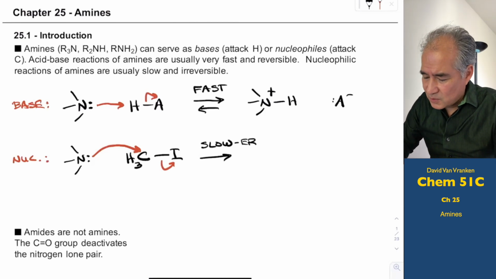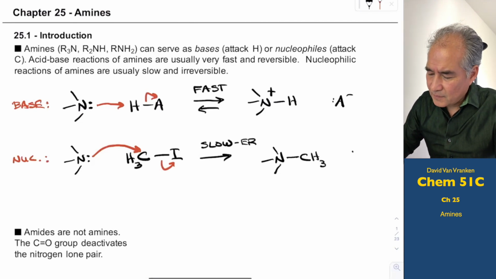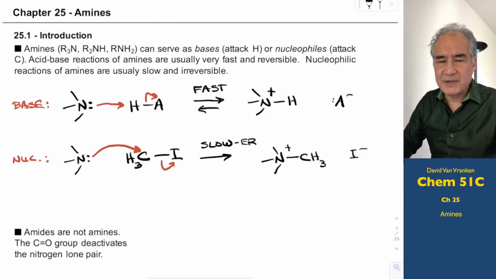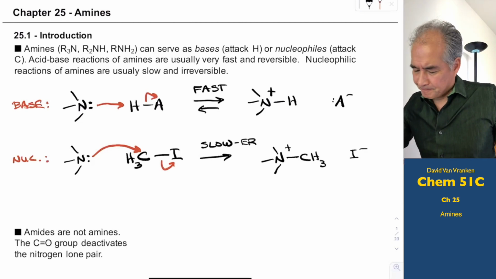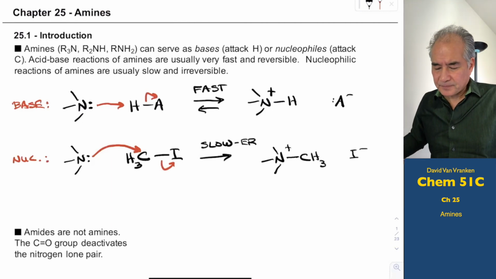And so when we do this, we're going to end up with ammonium groups, and we'll have some sort of a leaving group here: tosylate, bromide, chloride in theory, if we did that.